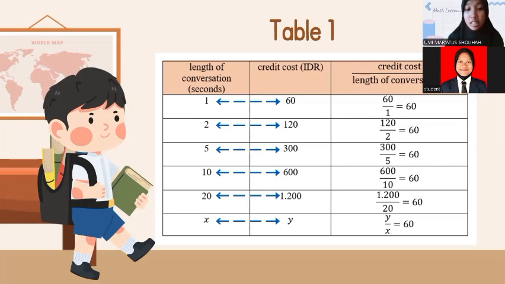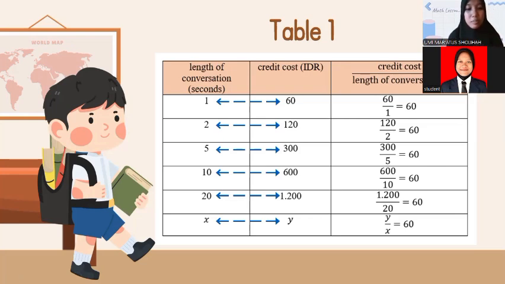In this case, the number 60 is called a comparative constant and can be expressed as k.